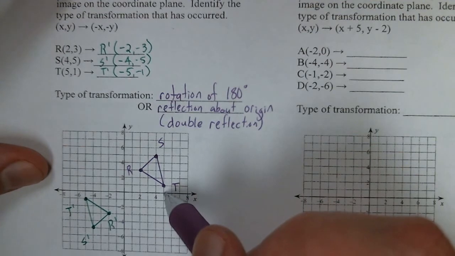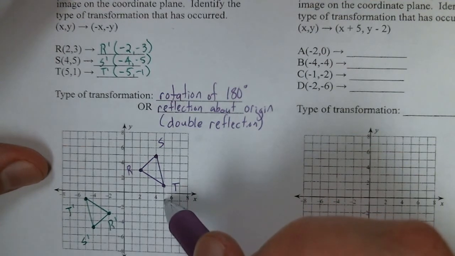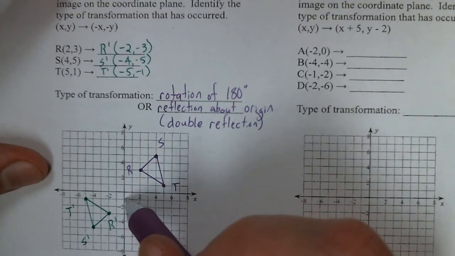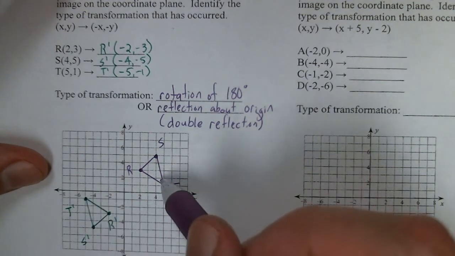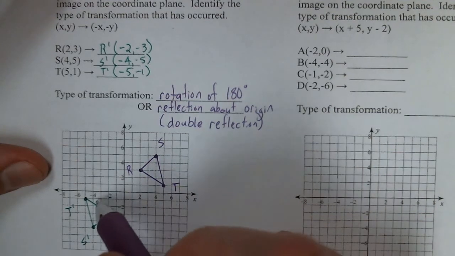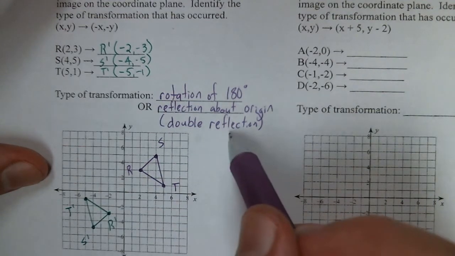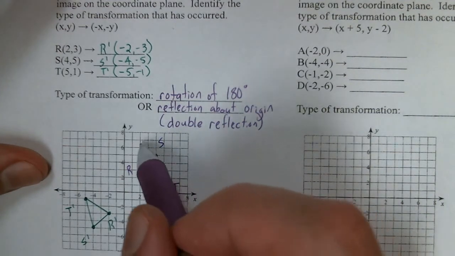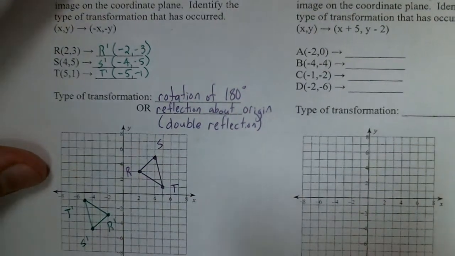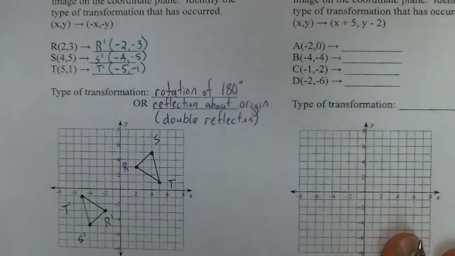So I'm one away here, so I'll be one away on the low side, and then I'm reflecting that around the y-axis. So I'm 5 away here, so I'll be 5 away on the other side. So it's like I'm reflecting around the x and then I'm reflecting around the y. So it's like a double reflection. Or you can think about we're rotating this thing 180 degrees. Okay, so either one of those would be acceptable.